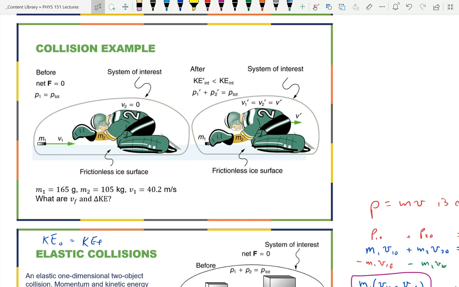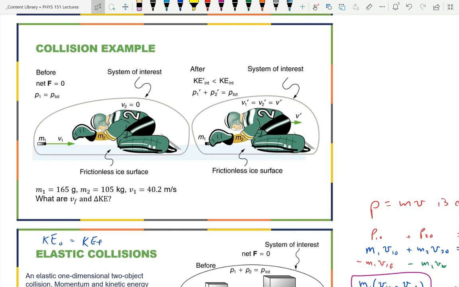So I have conservation of momentum and they have the same final velocities. So in the first case, the total momentum was mass of the puck times the velocity of the puck. So it'd be 0.165 kilograms times 40.2 meters per second. This is a pretty average NHL slap shot speed. It's not the highest, it's an average. Plus 0 because the speed of this guy initially is 0.